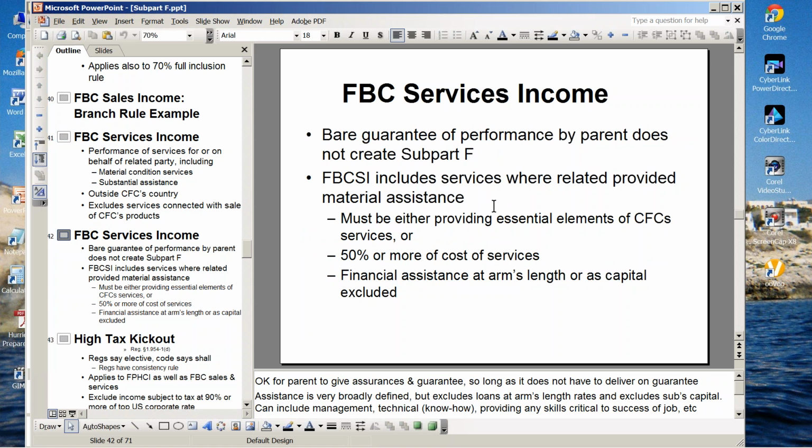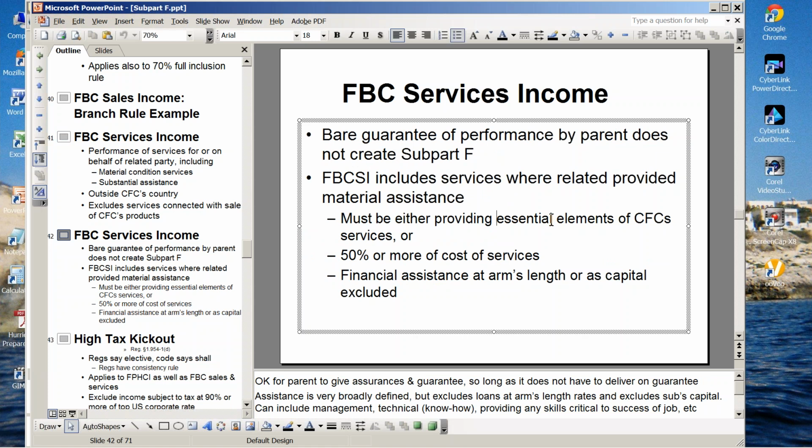So where the related party is providing material assistance, for it to be Subpart F, either the assistance must be for essential elements of the CFC's services, that engineering contract that I mentioned, or more than 50% of the cost of the services. So these are the two key exclusions here: parent guarantee doesn't do anything, and a definition of what is substantial.